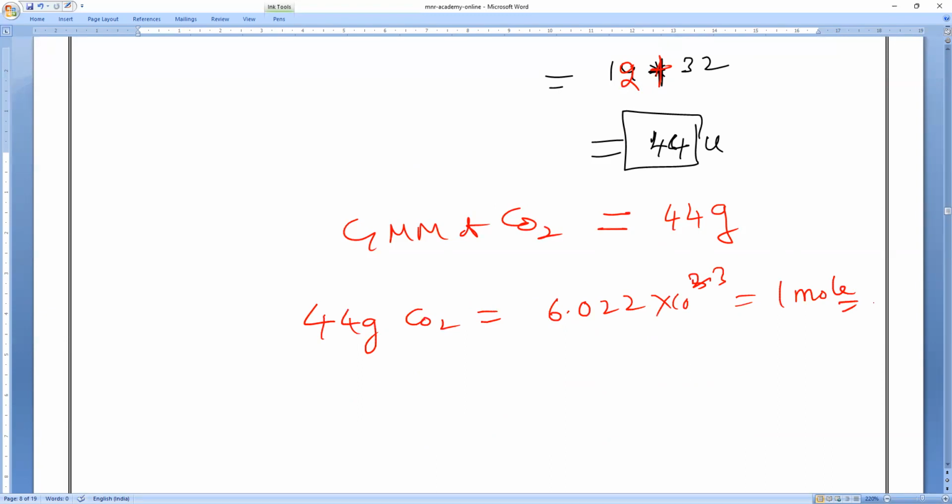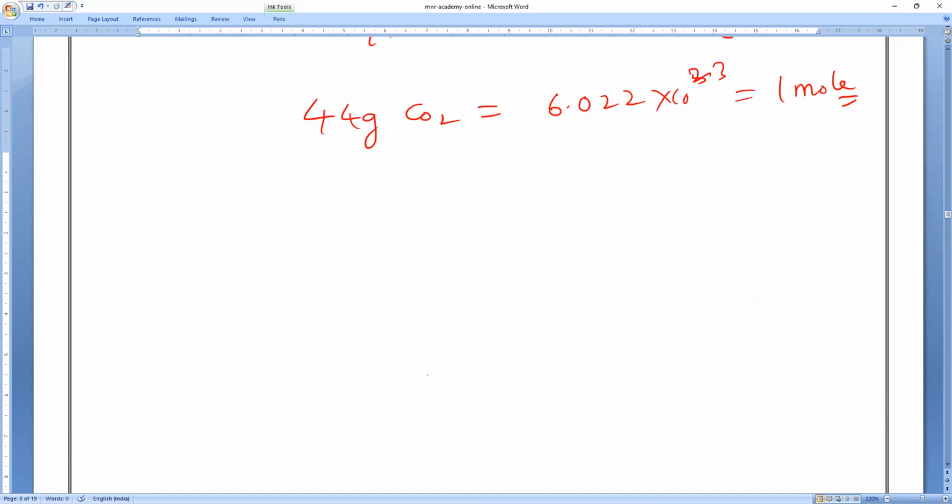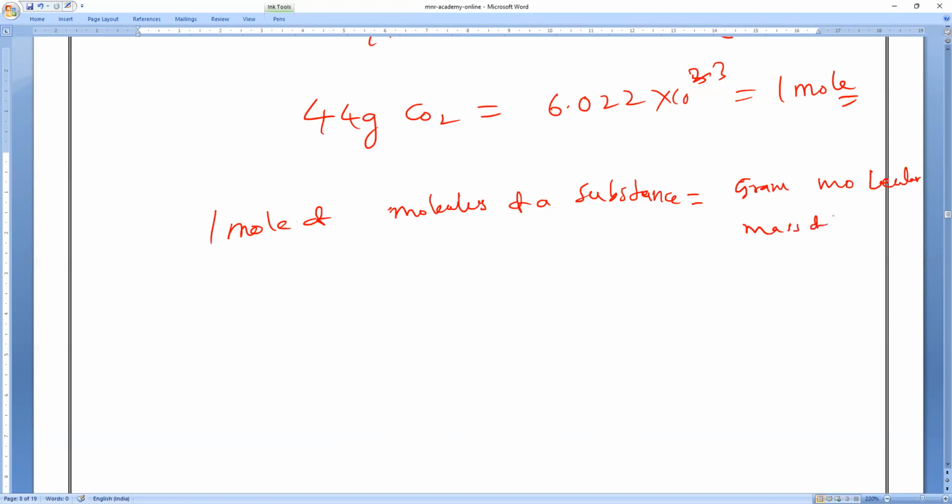I hope you now understand, you are catching my point. So from this, I will write two statements. Most important one, remember: 1 mole of molecules of a substance is equal to the gram molecular mass of the substance.